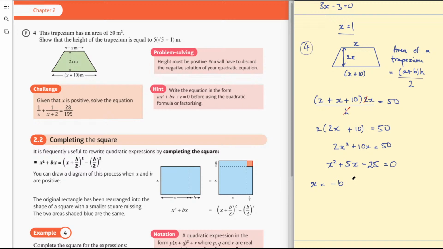x equals negative b plus or minus the square root of b squared take 4ac over 2a. This is then negative 5 plus or minus the square root of b squared is 25 take 4 times 1 times c, which is negative 25, over 2.